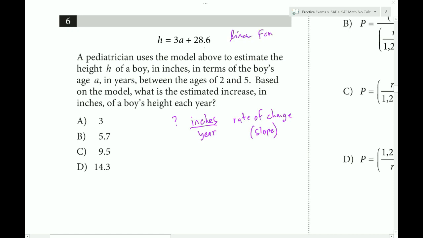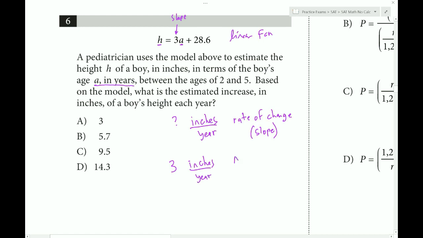Right? So if we have a linear equation, the slope is always going to be before the independent variable. So this would be our slope. Our slope is 3. And if we think about what the units would be, well, h is height, which is measured in inches. And what was a again? Yes, a is in years. So inches per year.